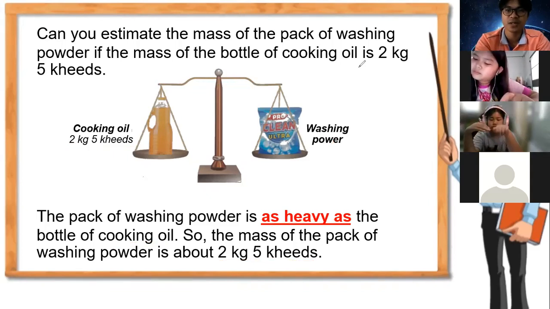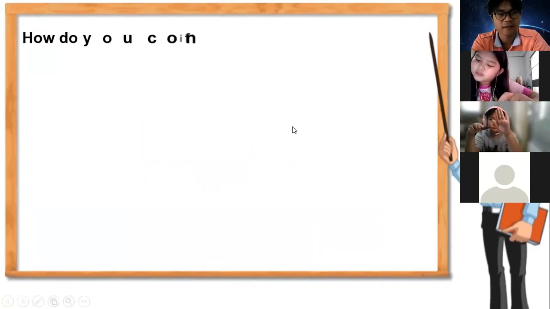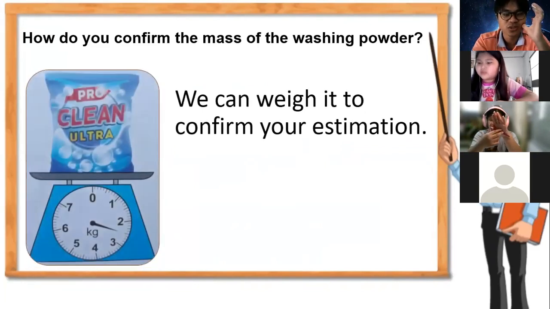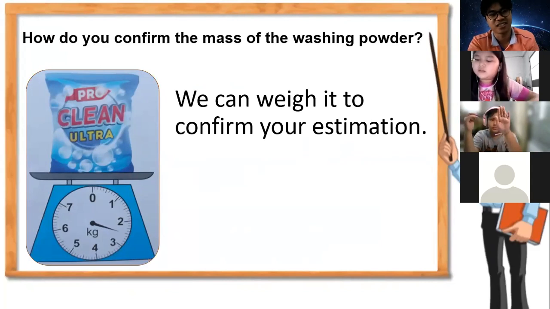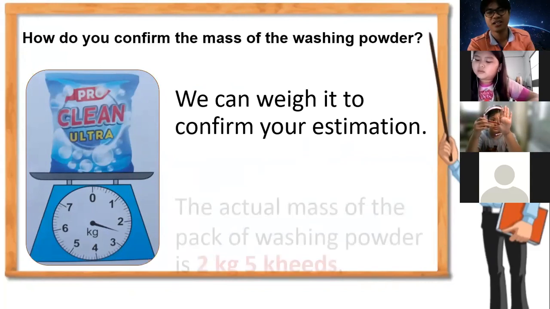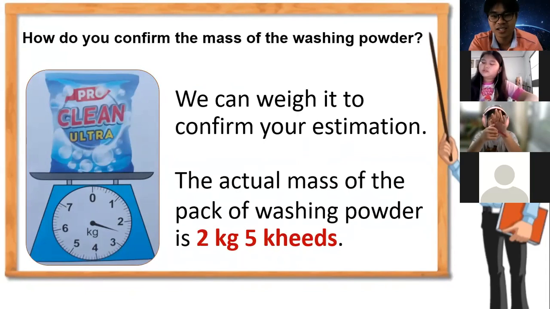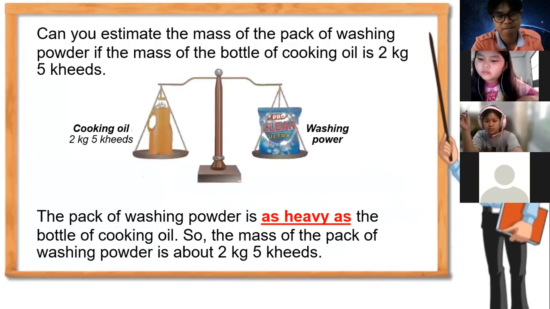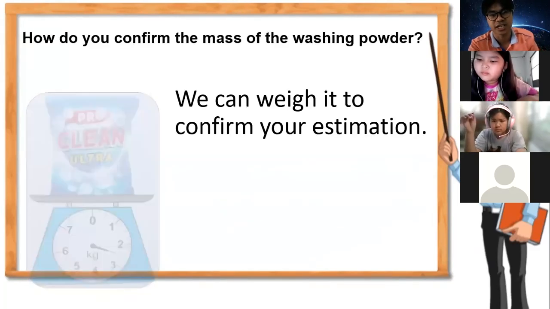But how do we confirm the mass of the washing powder? If we measure it, the actual mass of the pack of washing powder is 2 kilograms and 500 grams. So our estimation is very close and correct, because they are the same.